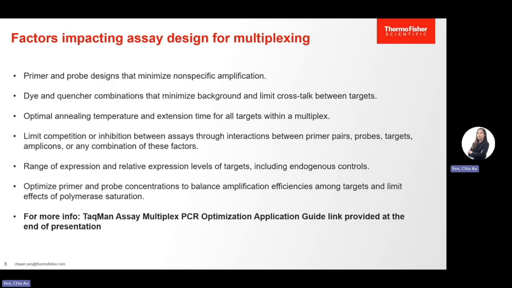You want to make sure that all your targets in the multiplex reaction are amplifying at optimal efficiency. And this can be especially an issue in a multiplex reaction where there can be interactions between the different assays and targets.